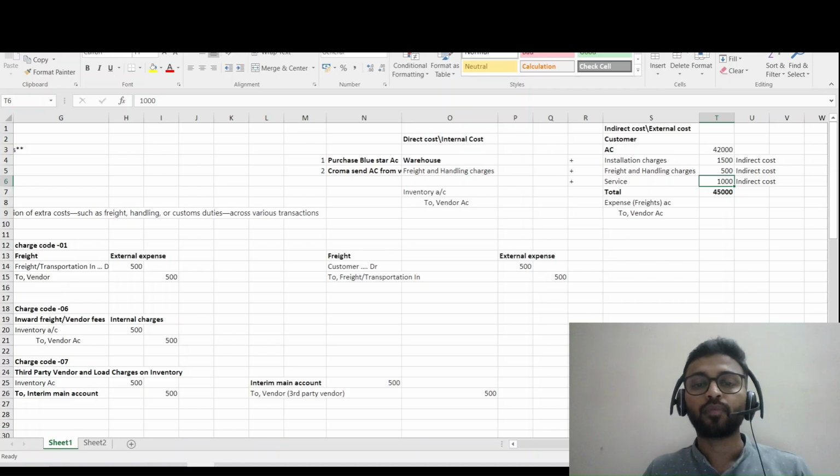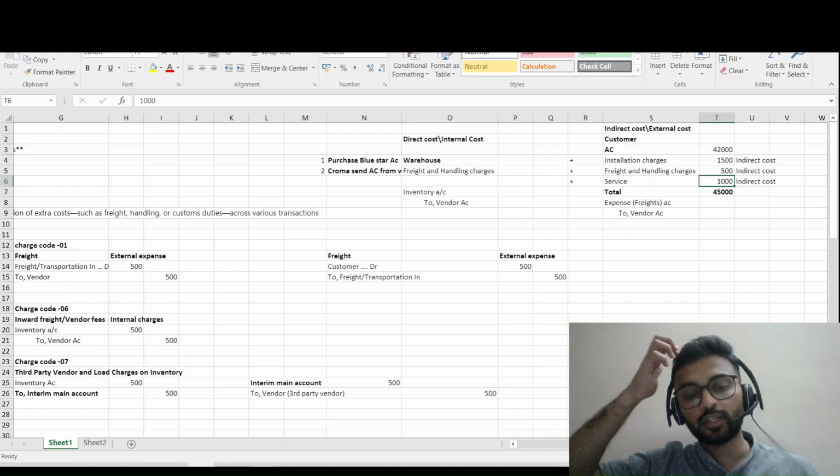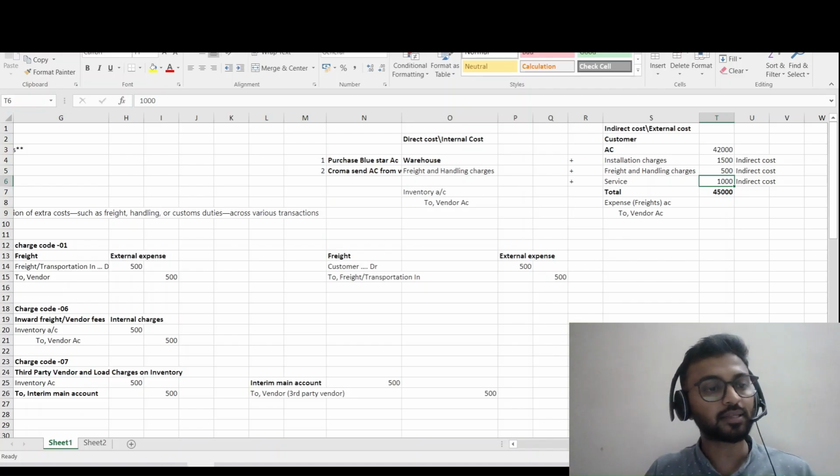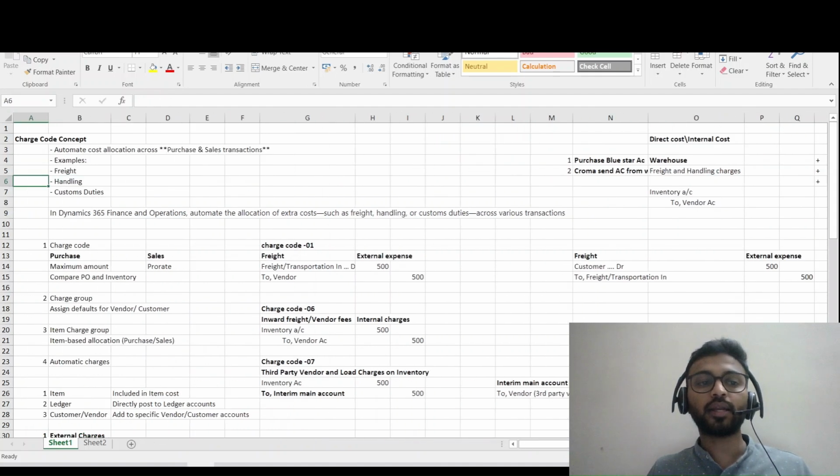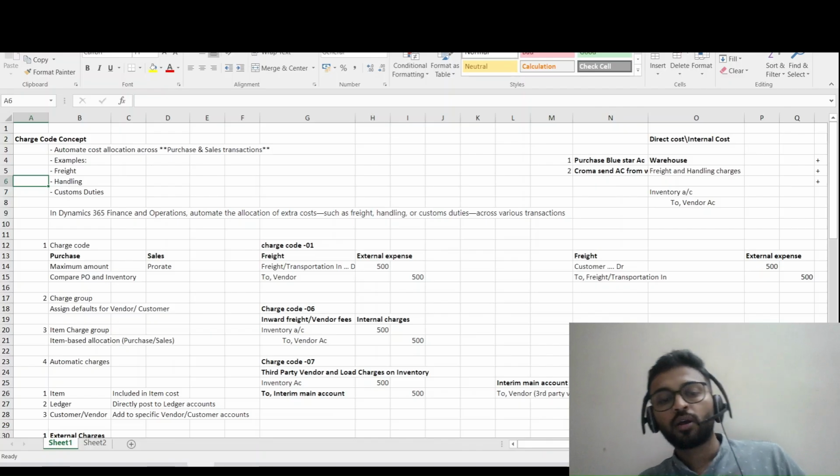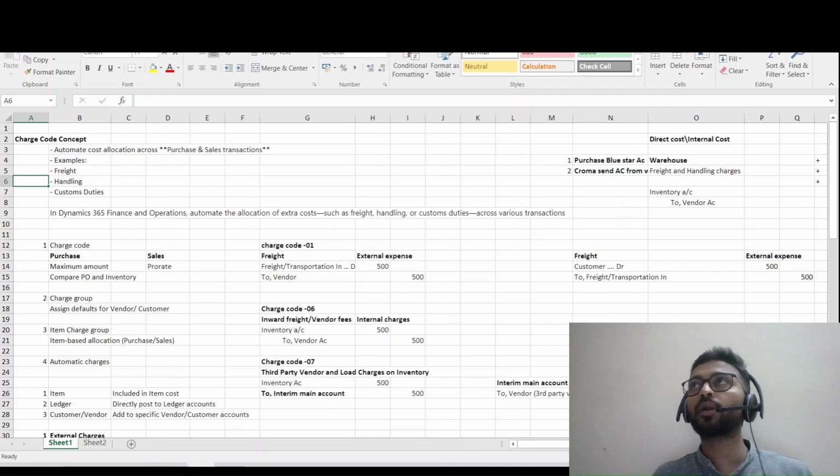So these three types of charges exist in the system. In any industry, in any example, there are only three types of charges. So I have given the overall example of what the charges are and how the system will accommodate them.